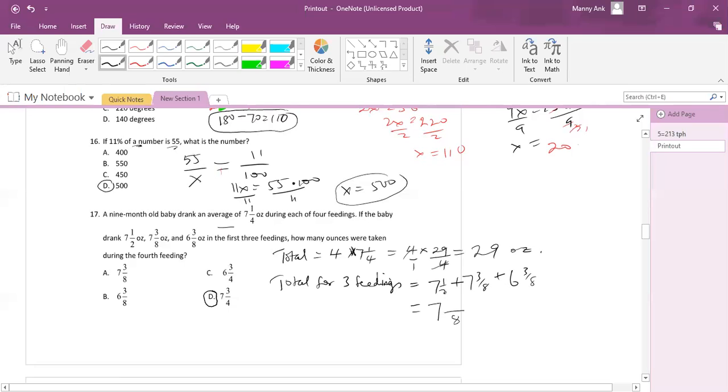That means times 4 to get 8. So that's 4 times the numerator also. This will remain the same. So let's keep that. Then 6 3/8, let's keep that too. So if you add all these numbers, the whole number is 7 plus 7 plus 6.